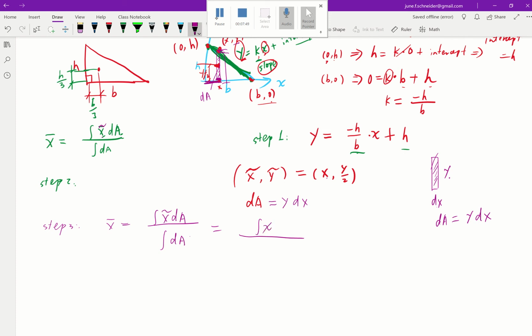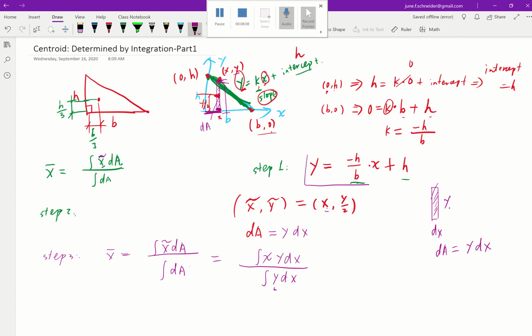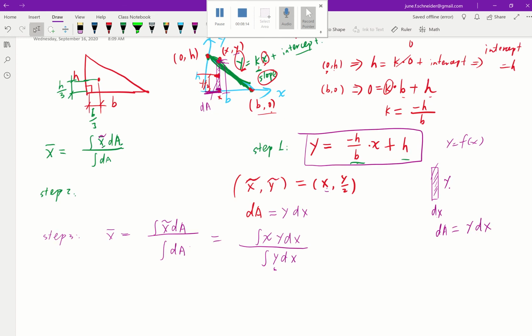So plug that in. dA, we already know it's y dx. Plug that in. Then for the bottom it will be just y dx. Okay, that's our dA. Now, that's why step 1 comes in handy, because in step 1 you get the expression for y as a function of x right here, right? So we can plug it in.